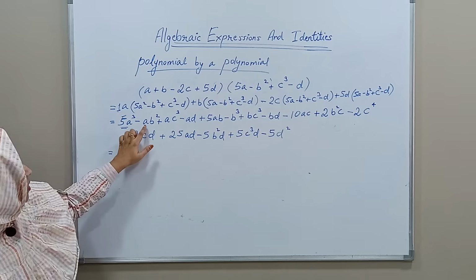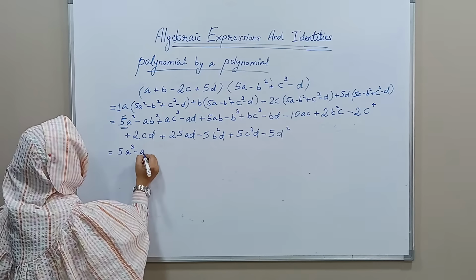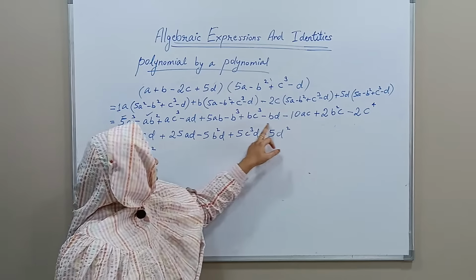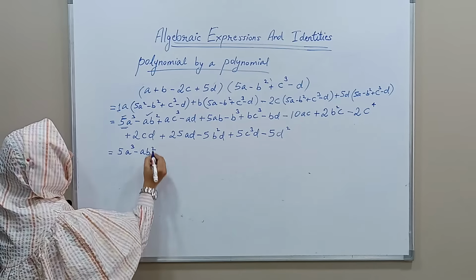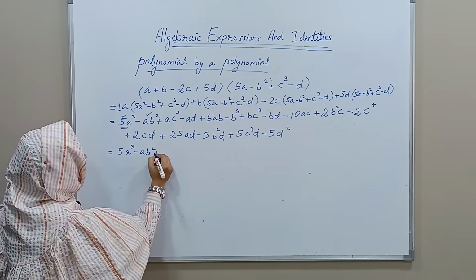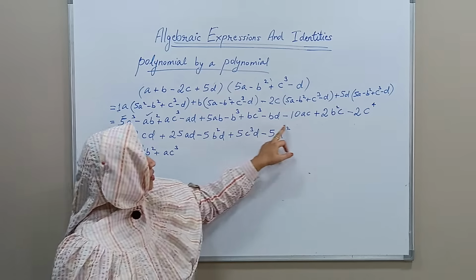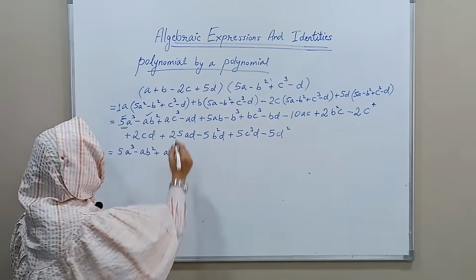Then let us write down minus ab square first. Do we have another ab square here? We do not, so this is done. Then plus ac cube. Do we have another ac cube? No, so this is also done.